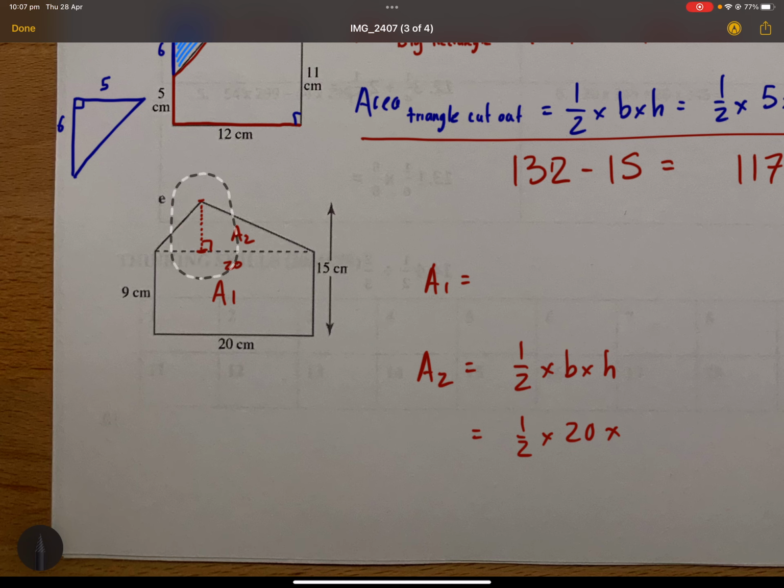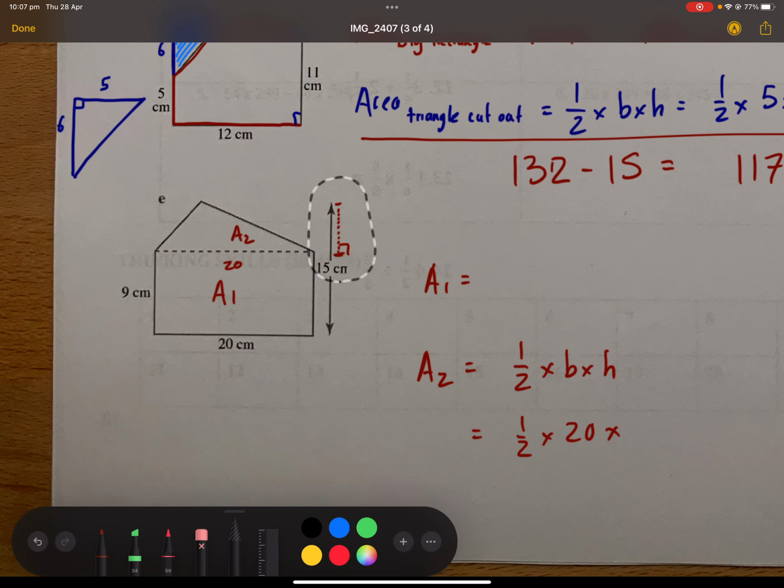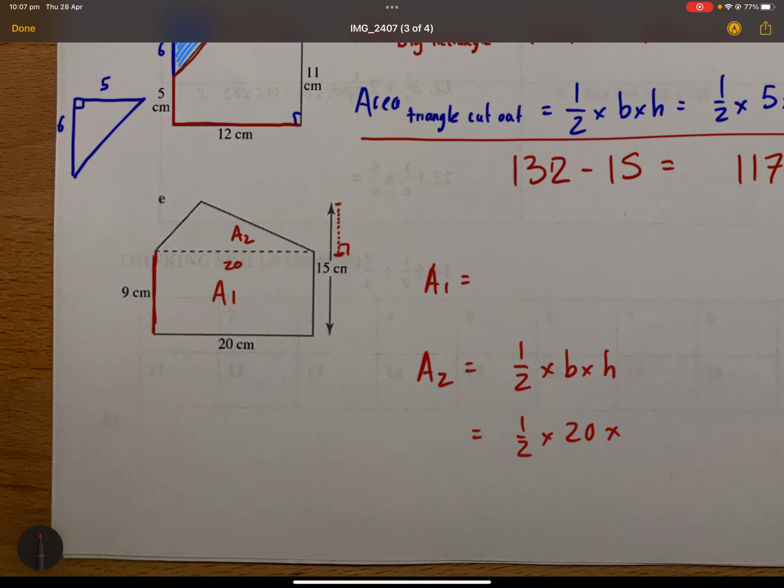Well, if I move that length down to here, you can see that from the top of the triangle all the way to the bottom of the base of the rectangle is 15. But we know that this is 9, so from here to here is 9. So 15 minus 9 will give us 6. So that means this remaining distance must be 6.